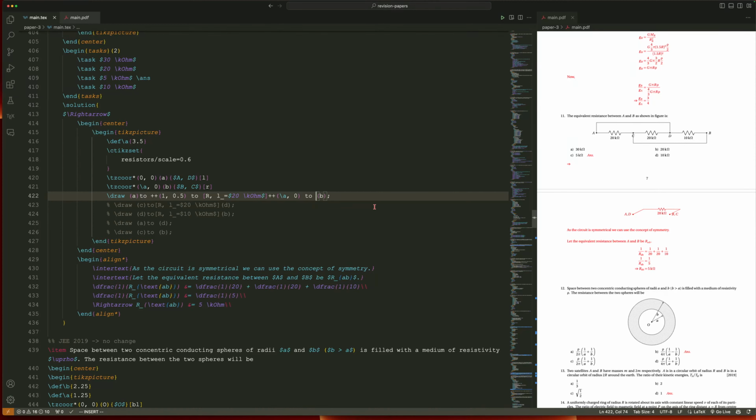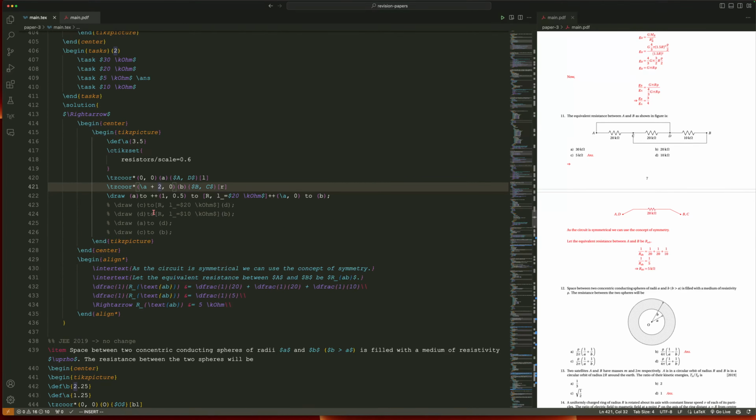B is like frostbitten. So let's fix this B thing to A plus 2. That means it will shift 2 points towards the right, and this is yes. So yeah, this is right.